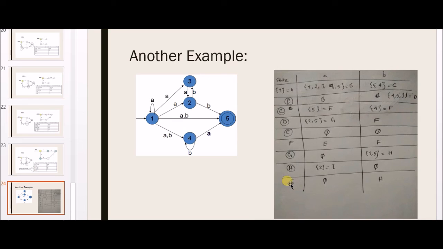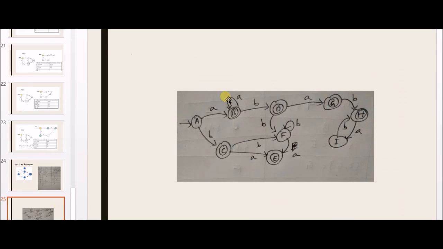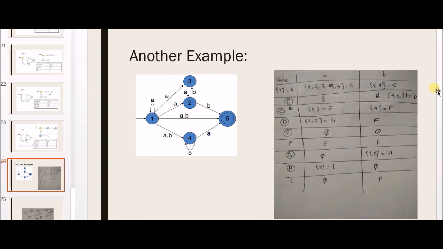From state I, I will not be able to go to any other state for alphabet A. For alphabet B, I will be able to go to the state H. Now this is actually the DFA which I found in this transition table.